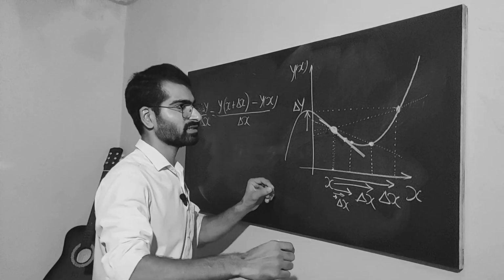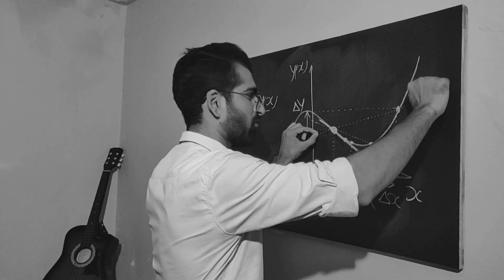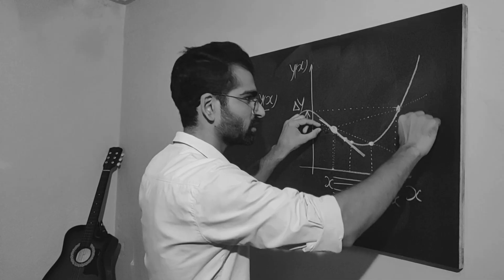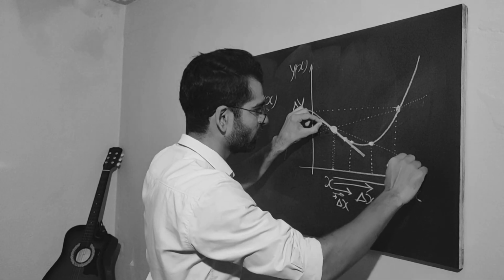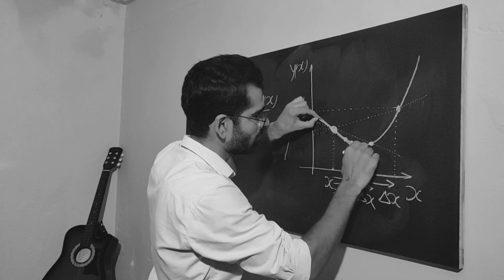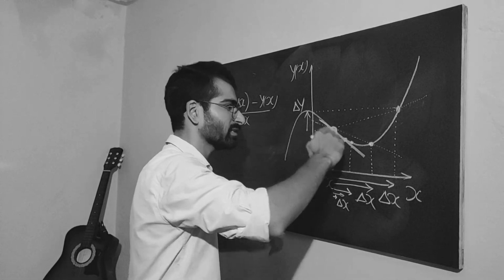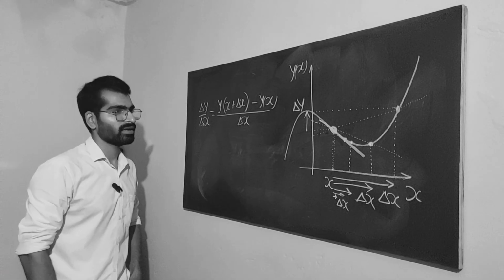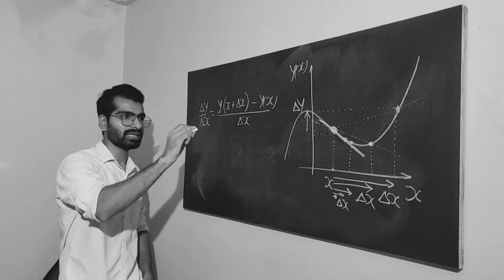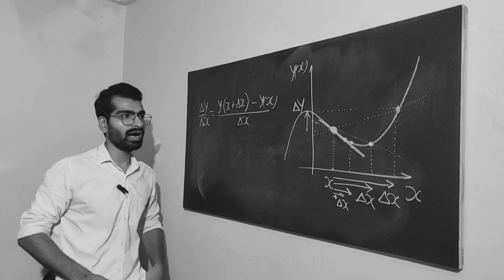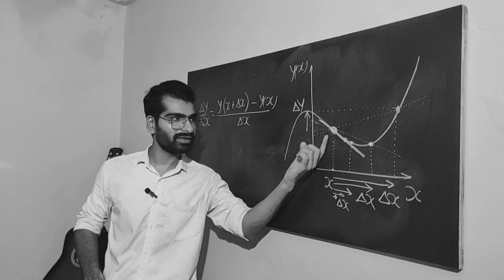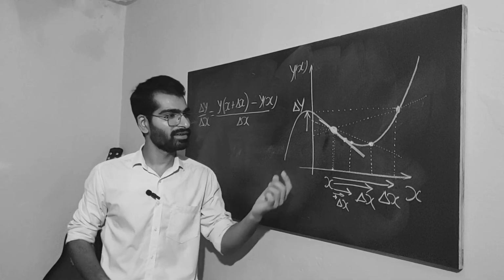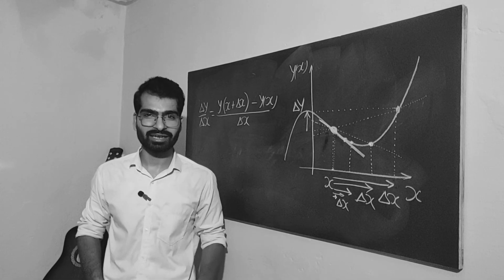What we've been doing is, this was the average slope, and then we were making delta x shorter and shorter, so this slope was moving around, and now this slope becomes tangent to that curve. And this gives you the derivative at that point. It tells you how fast you are climbing. Oh, you are coming down. How fast you are coming down as you move in the x direction.